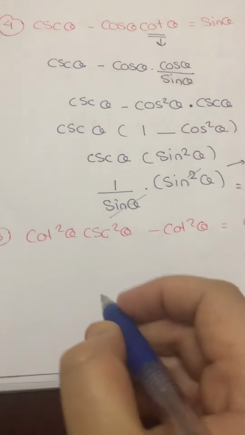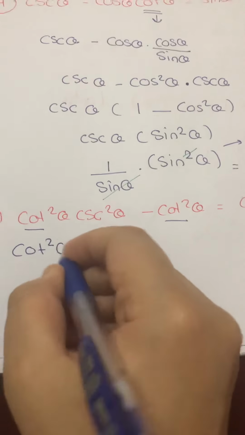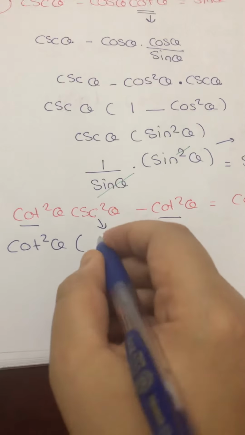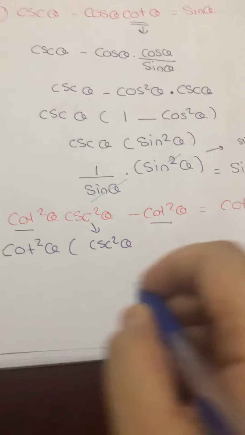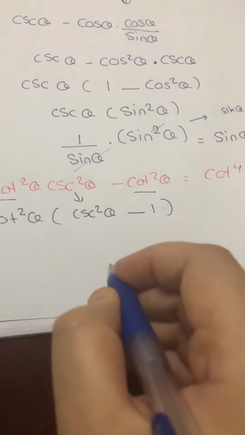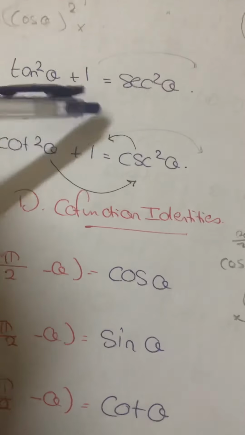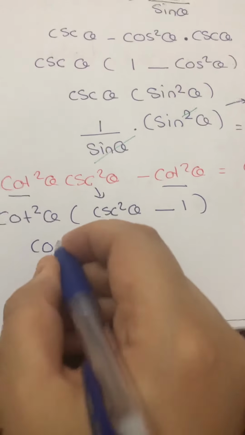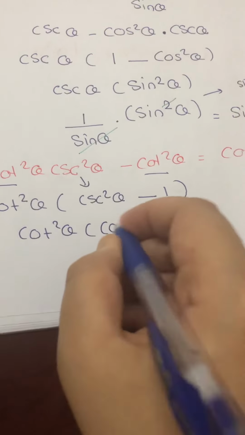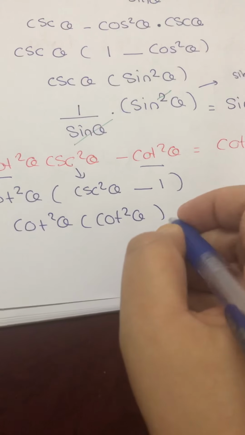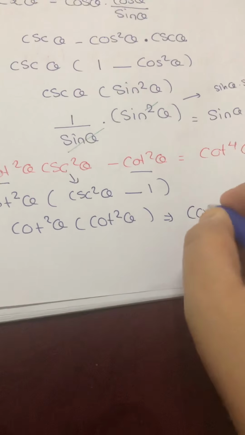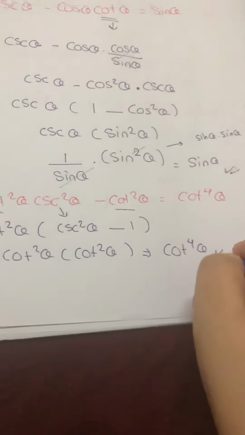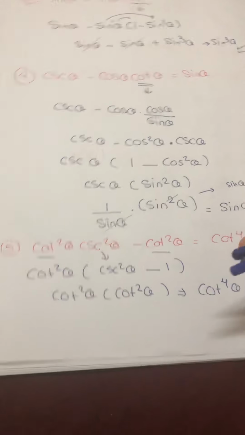I'm thinking as a first step to take cotan squared as a common factor. Here, this will be left cosec squared theta minus 1. And cosec squared theta minus 1 is equal to cotan squared theta. I'm going to get cotan squared theta times cotan squared theta, and this is equal to cotan to the power 4 theta, and here I am done.